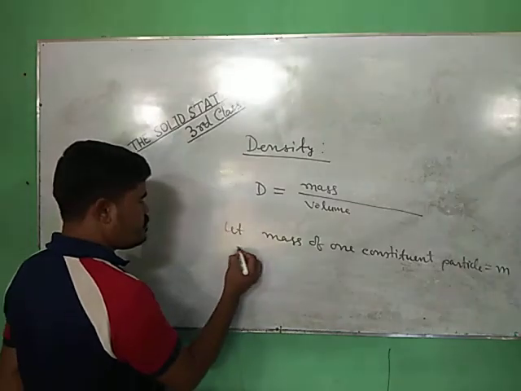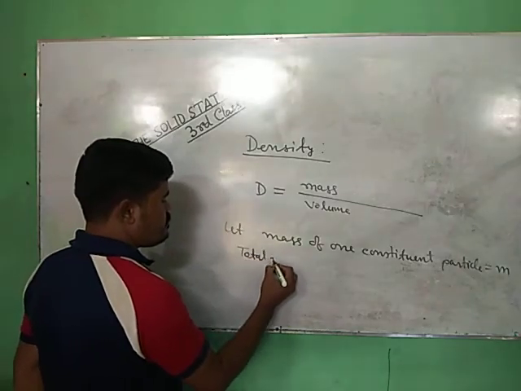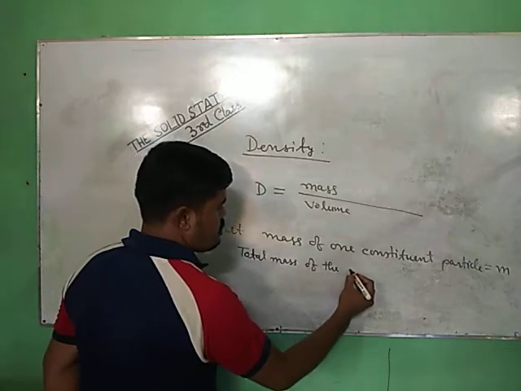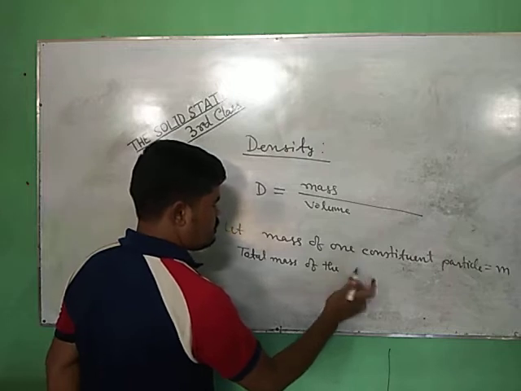Now, what is the total mass of the unit cell?